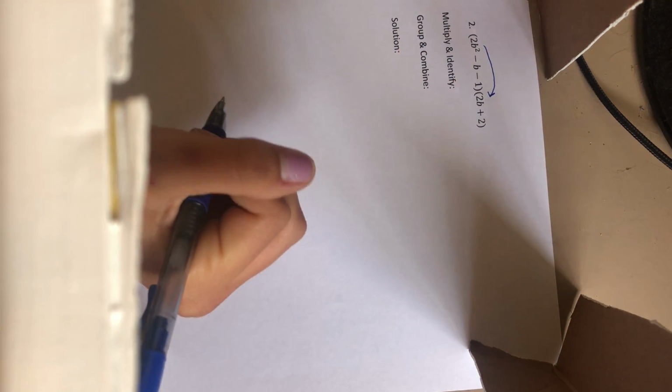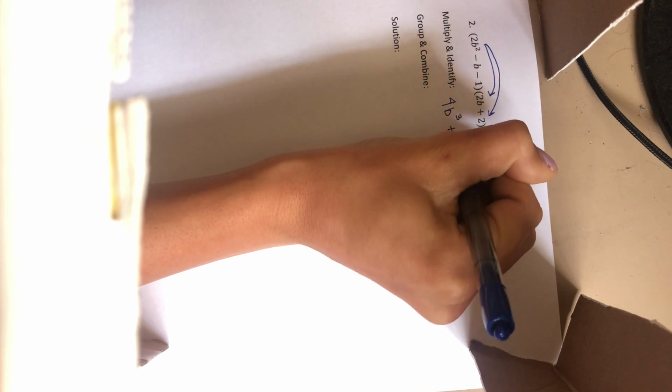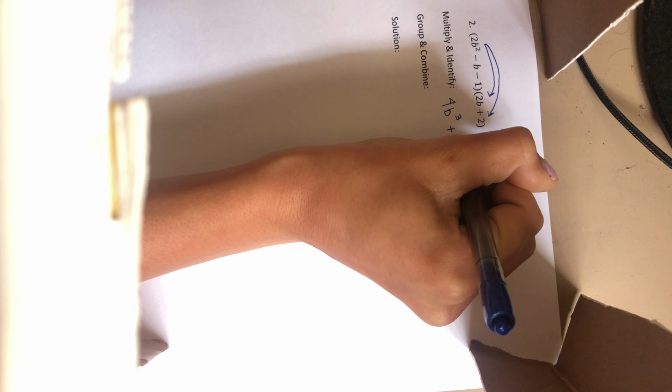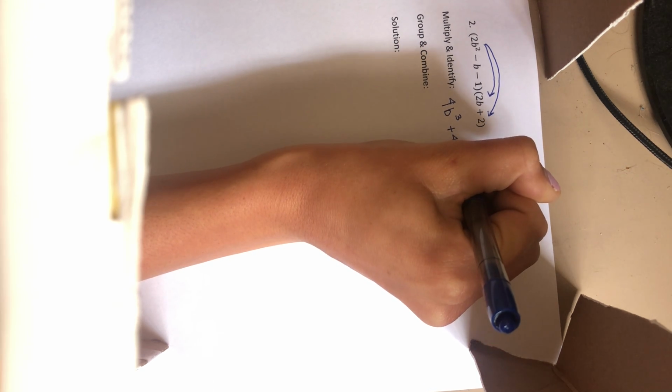All right. So first steps. First, we're going to multiply this one over here to give us 4b cubed. Multiply 2b squared by our 2 to give us 4b squared.